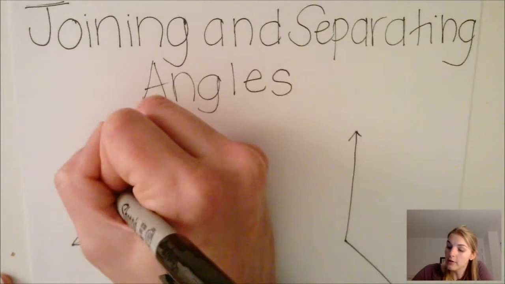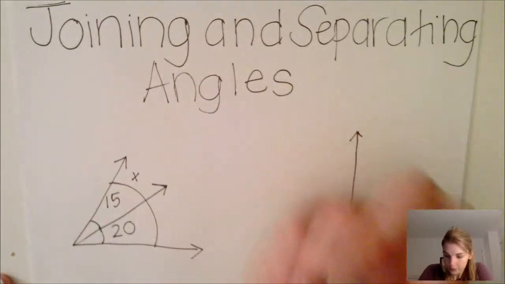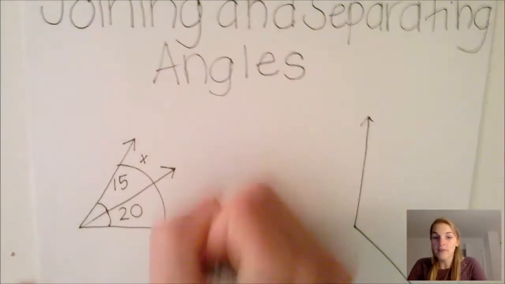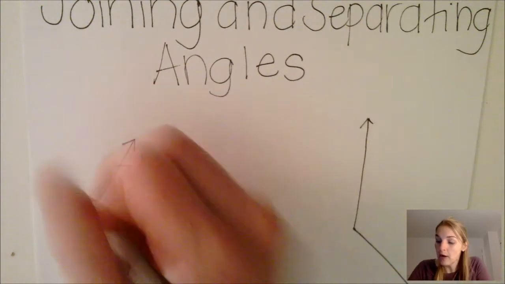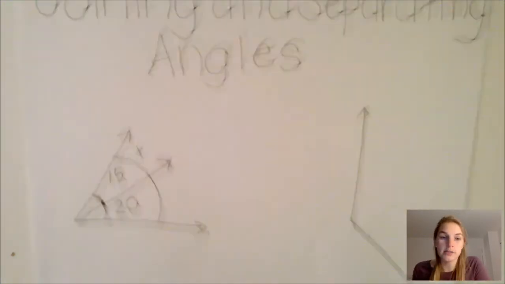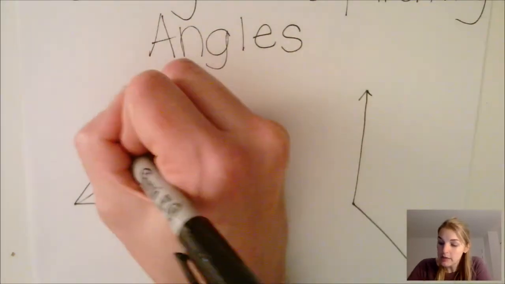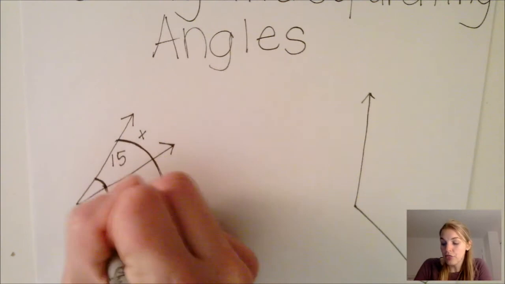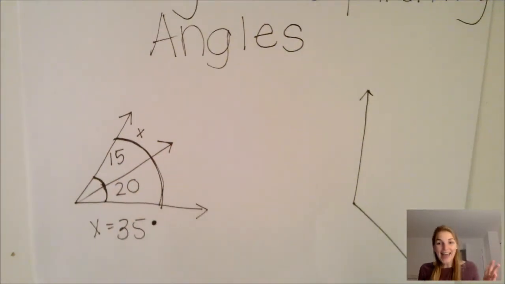And then it's going to have another little part right here that might have an X or a letter, and it's going to say, find the angle of X. Now, all you have to do is figure out, okay, if this piece right here is 15 and this piece right here is 20, that means this angle is 35 degrees, because you are just adding or joining those two angles together.